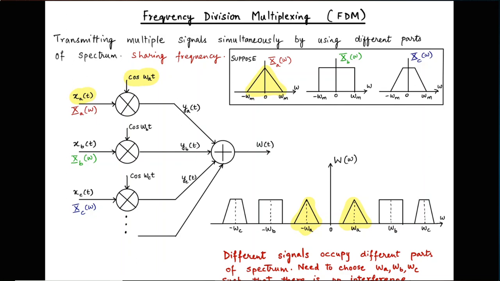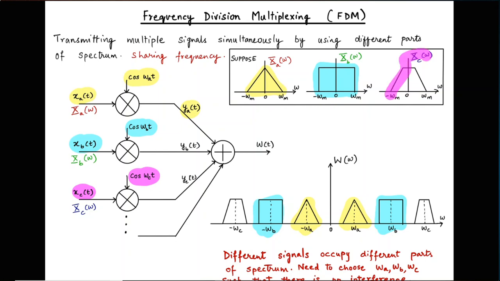Then you add that up with, so that's what we are calling y sub a of t. And it gets added up with what? It gets added up with x sub b multiplied by cosine omega sub b, which is this rectangle getting moved to plus and minus omega sub b here and here because of that multiplication. And it's getting added up with the trapezoid x sub c multiplied by cosine omega sub c.